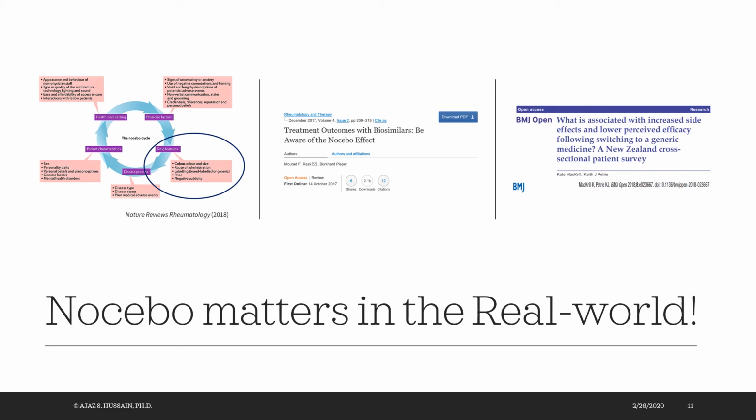Nocebo matters in the real world, and there are so many examples accumulating now that quality assurance and assurance of therapeutic equivalence is pivotal, and we cannot discount or disregard this aspect going forward.